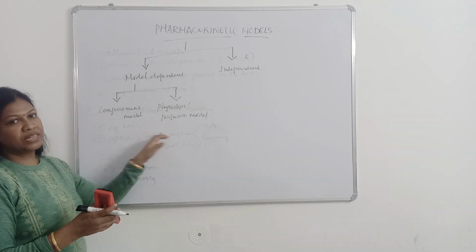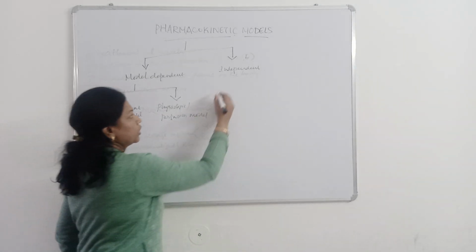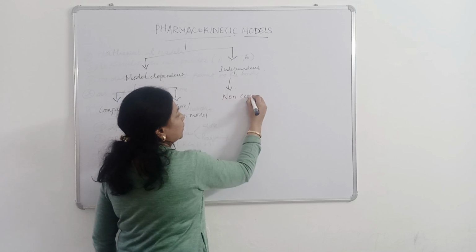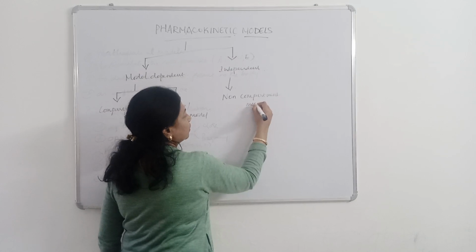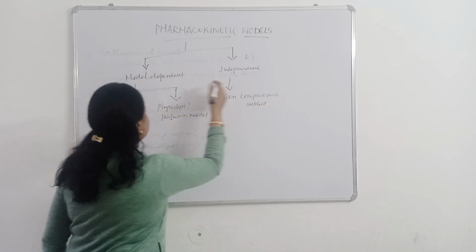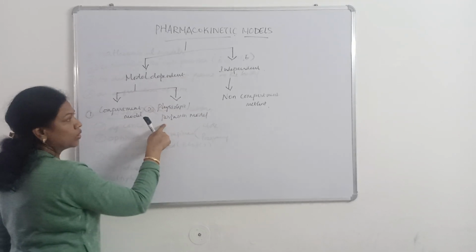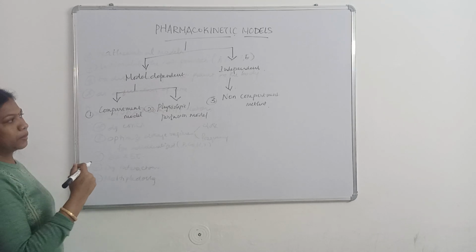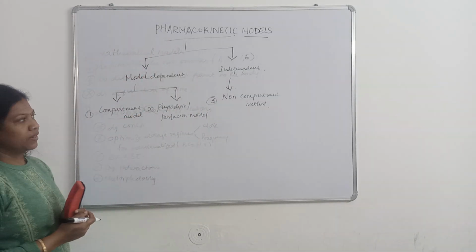The model dependent method will include the compartment model and the physiologic or perfusion model, and the independent method will include non-compartment methods. So the third method is the non-compartment method. So generally 3 models are there: compartment models, physiologic or perfusion model, and the non-compartment method. All 3 pharmacokinetic models are available.